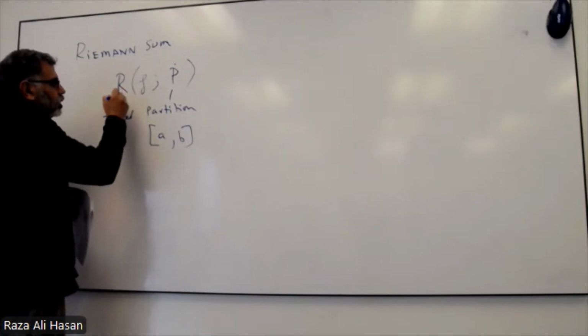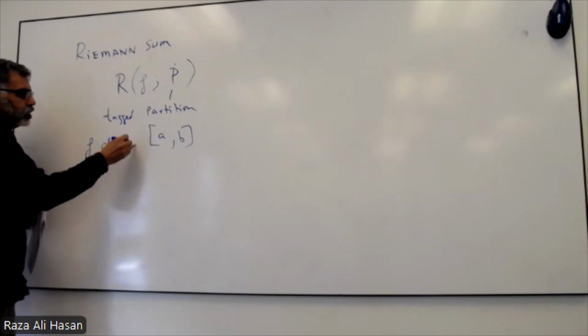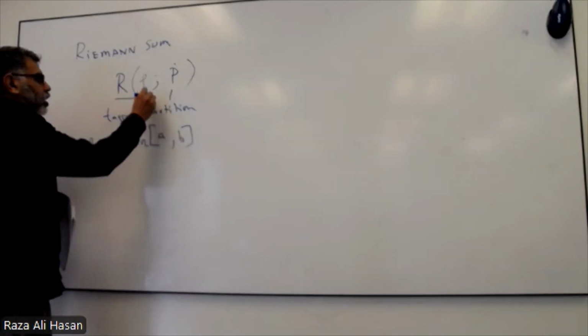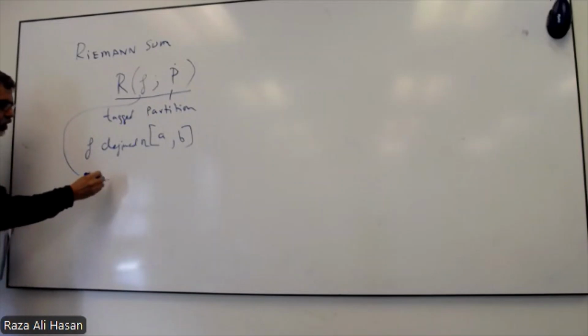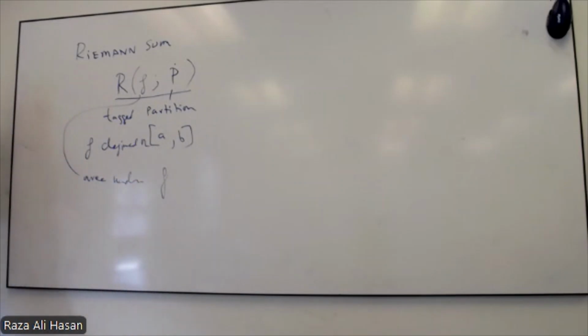So in fact, what this whole thing is saying is that this function is defined on AB, and the area under the curve, this is the area under F, we will calculate by sticking what under the curve? STEM people.